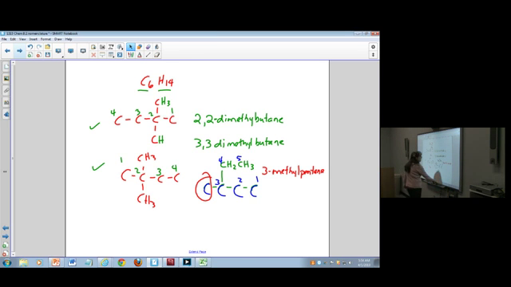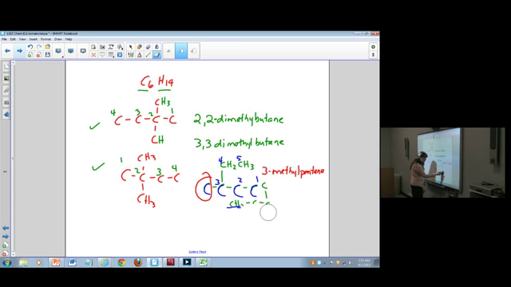And so we might have, for example, some kind of a pentane molecule that starts here, goes there, and then comes up here. I still want to number this chain the longest possible way. So if I count here, that's 3. If I count from here to here and use this as a substituent, that's 4.